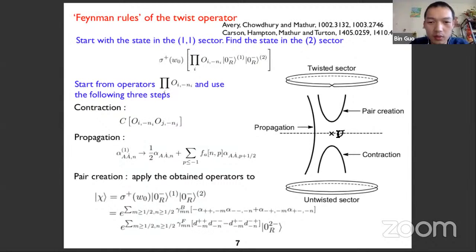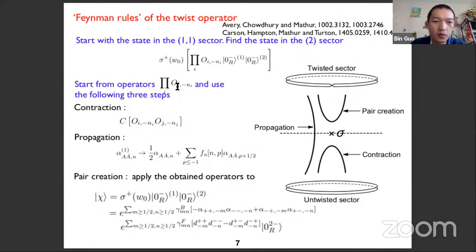And we apply the twist operator sigma at w0. And the goal is to find the state after the sigma in the twisted sector. To find this state, we can start with this operator O and first make contractions, like the usual Wick contraction.